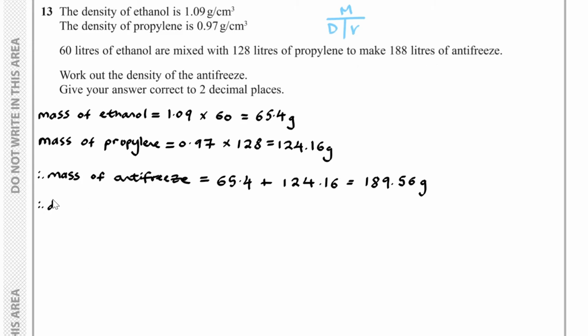So therefore the density of antifreeze, that's equal to, density is equal to mass over volume. So here we have the mass, which is 189.56, divided by the volume, which is 188.